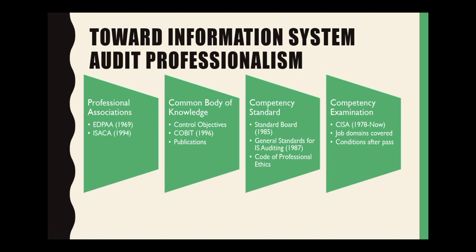This initial standard has since been updated and expanded to cover new areas. The standards address audit charter, independence, professional ethics and standards, competence, planning, performance of audit work, including supervision and evidence, then reporting, and then follow-up activities.